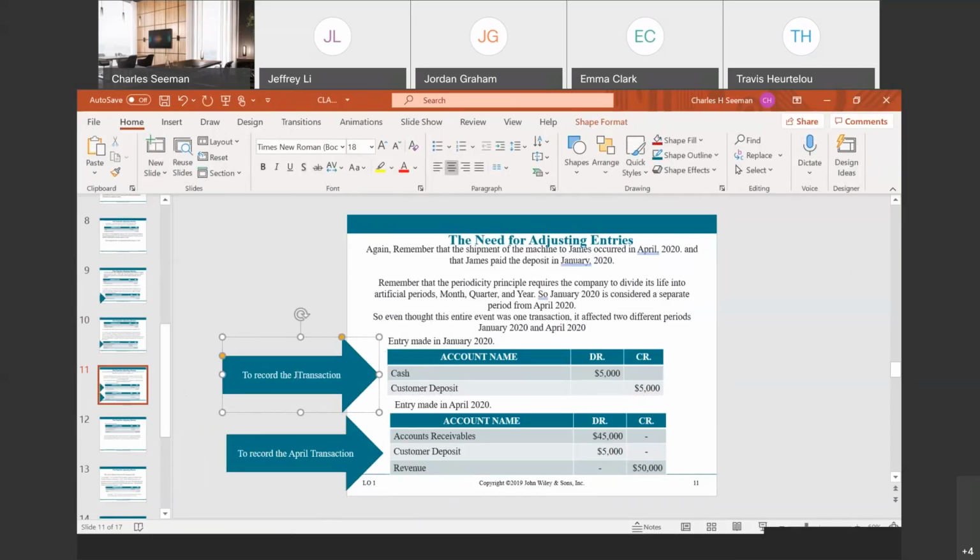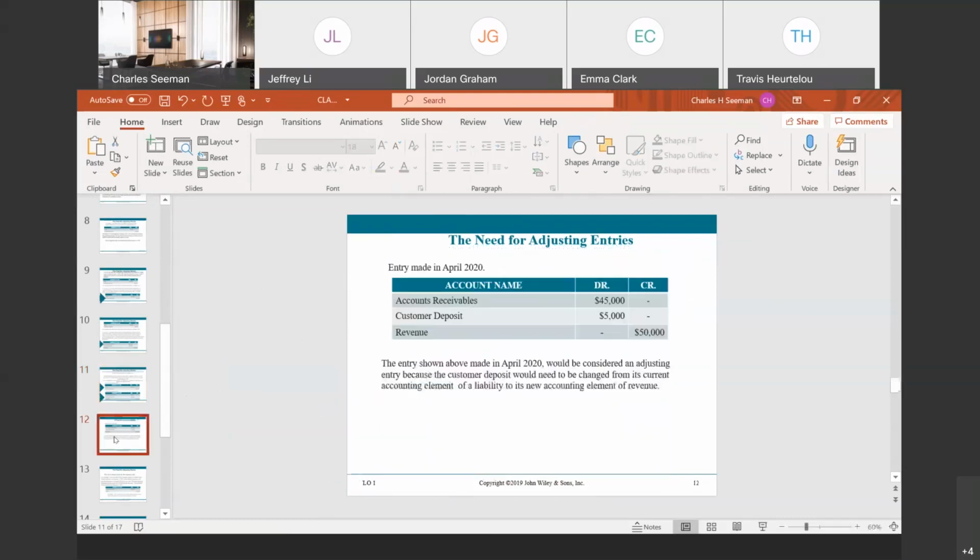But they are related. One was a deposit and one is the completion of the order. And here's the journal entry one more time.